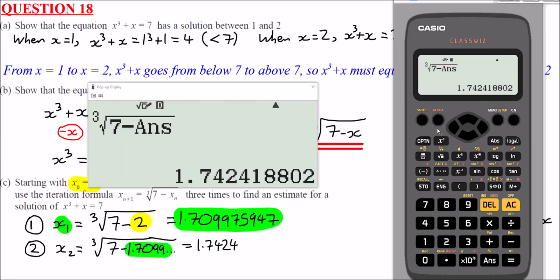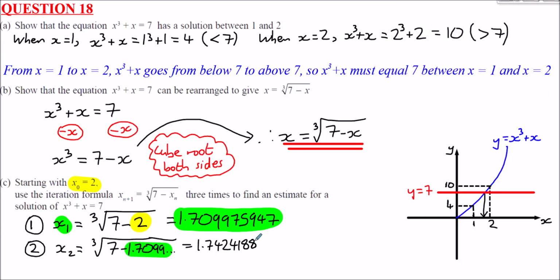Write down all the numbers if you can. 1.742418802. So that's the second one. And then the third one, the last time we have to do it would be to find x subscript 3, I mean to say.